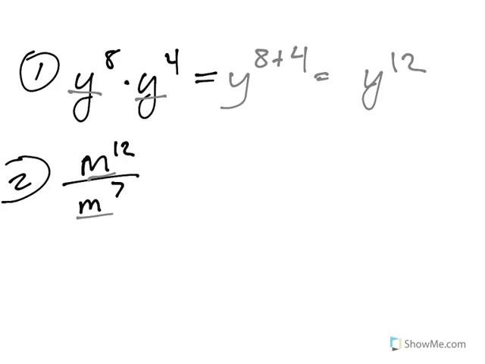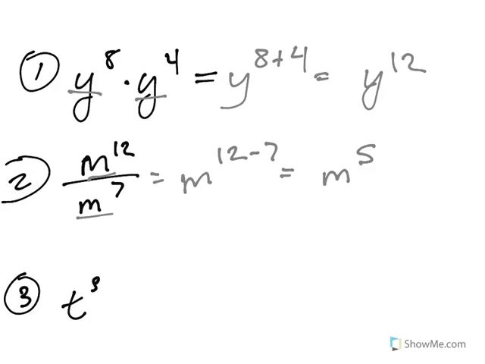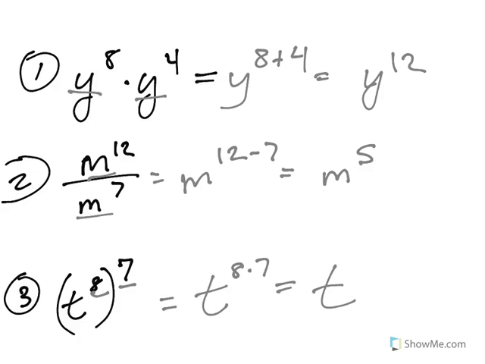I'm dividing, same base, so I subtract. 12 minus 7 gives me m to the 5th. And my third example, if I take t to the 8th power and I raise it to the 7th power, this is a power to a power, so I multiply my exponents and I get t to the 56th. And that is a quick run through of 3 exponential rules.